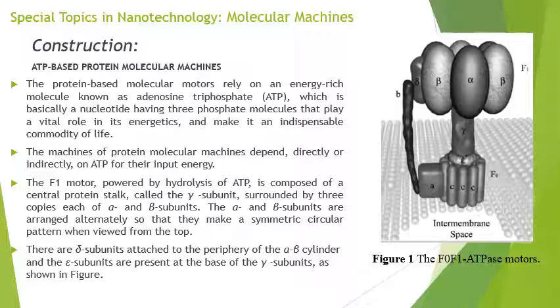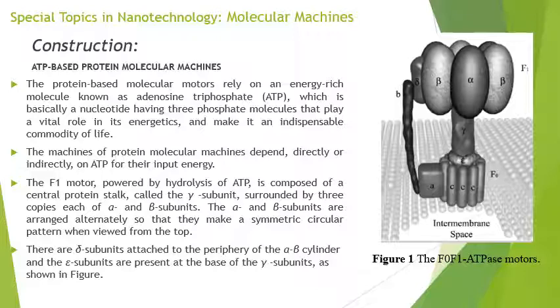So as we have seen, there are three categories of molecular machines: protein based, DNA based, and chemical based. First we'll see the protein molecular machine, that is adenosine triphosphate (ATP) based protein molecular machines.